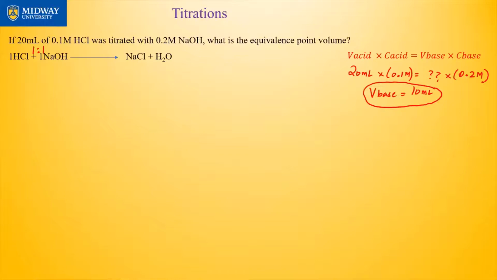Now that's how you do it, whether it's strong acid, weak base, or any of those combinations I told you, the idea of figuring out the equivalence point volume is always the same. Along these lines, I could give you the equivalence point volume and have you find something else, but the formula is the same, so I always give you 3 out of 4 and you figure out the rest.